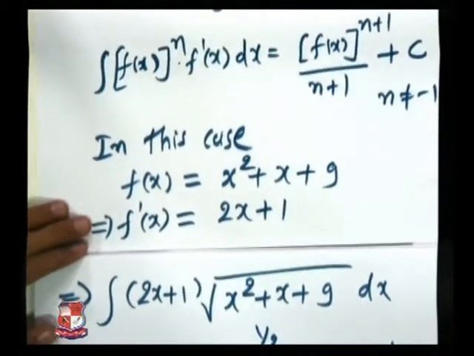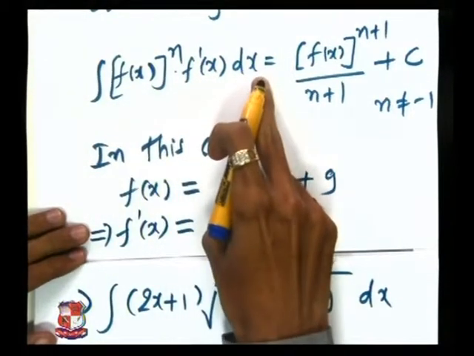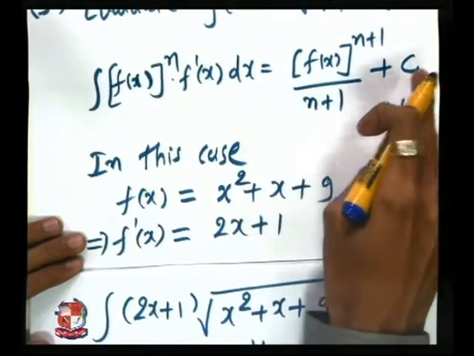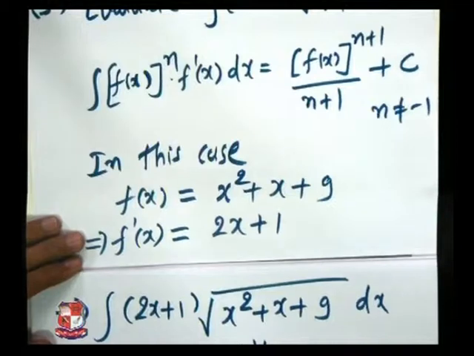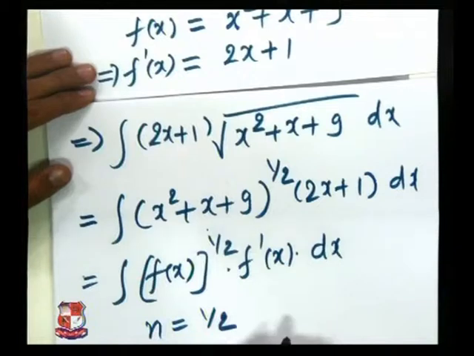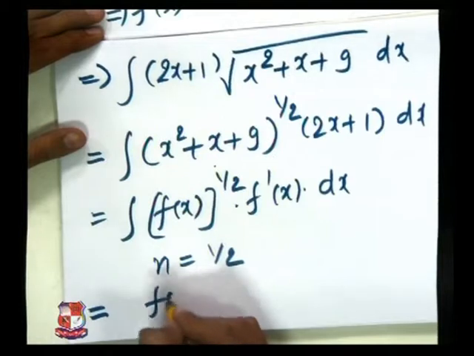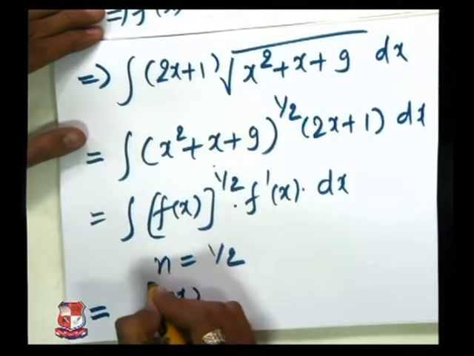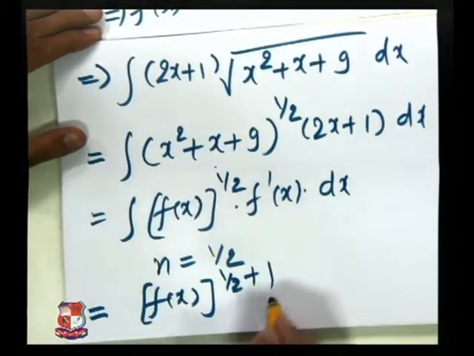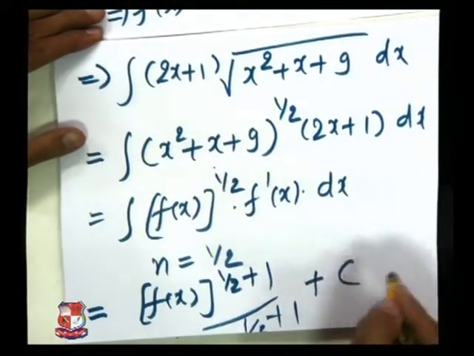So by this formula, f(x) raised to n into f dash x into dx is equal to f(x) raised to n plus 1 upon n plus 1 plus c. Here n is equal to 1/2, so I will get f(x) raised to 1/2 plus 1 upon 1/2 plus 1 plus c.